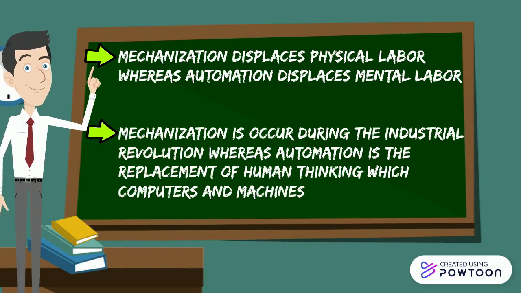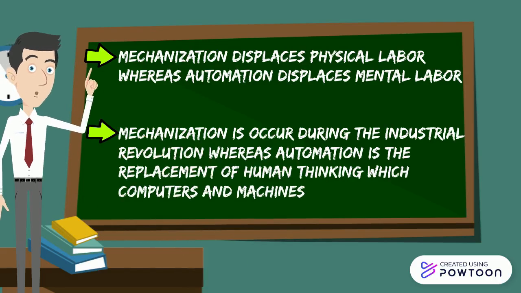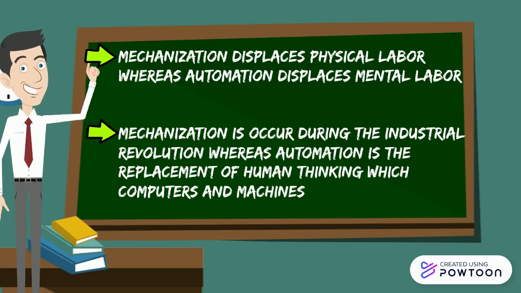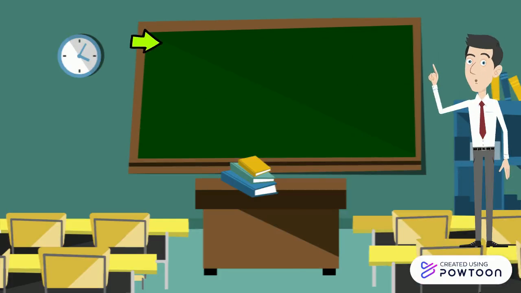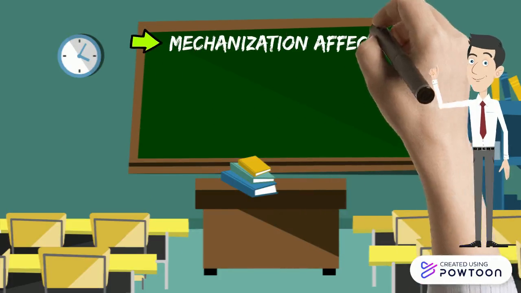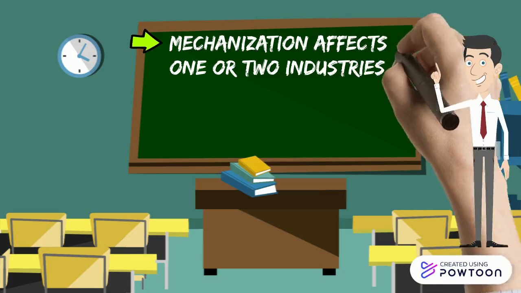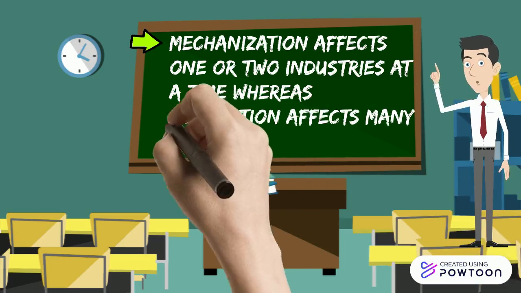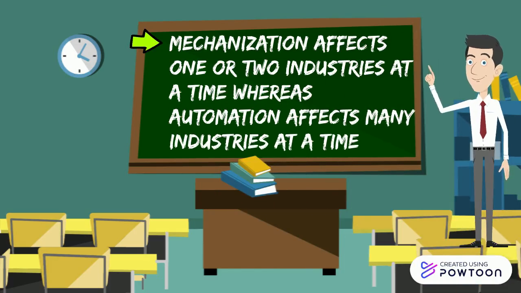Mechanization occurred during the industrial revolutions, whereas automation is the replacement of human thinking with computers and machines. Mechanization affects one or two industries at a time, whereas automation affects many industries at a time.